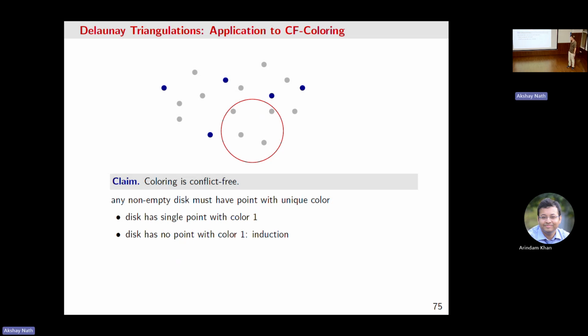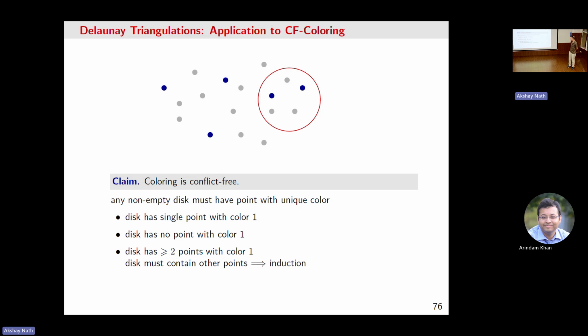Okay, so the difficulty is if you have, like here, at least 2 points of color 1, right? 0 points of color 1, induction. 1 point of color 1, done. 2 or more points of color 1. Okay, what happens now?